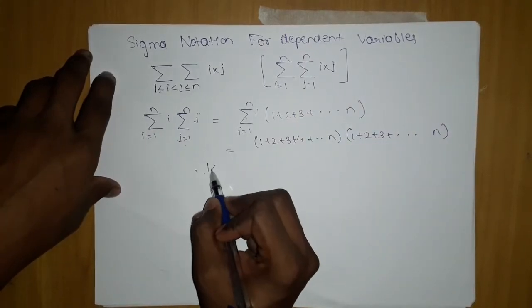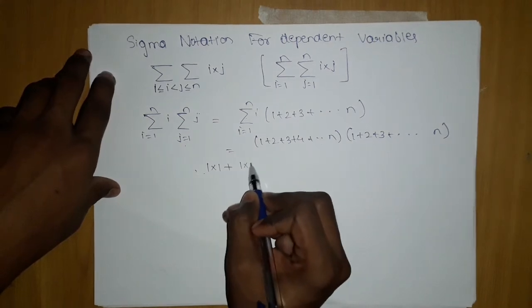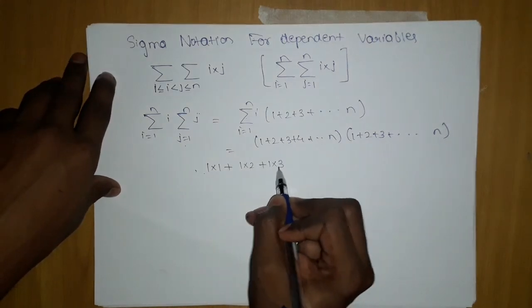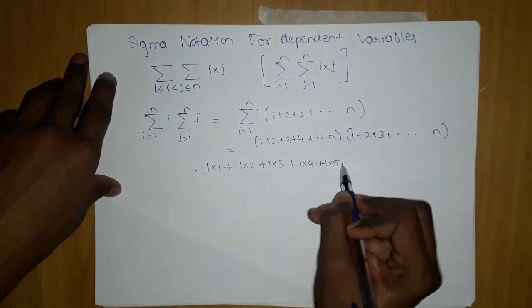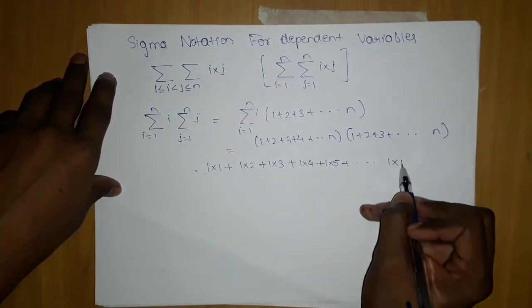1 cross 1, 1 cross 2, 1 cross 3, 1 cross 4, 1 cross 5, and so on till 1 cross n.